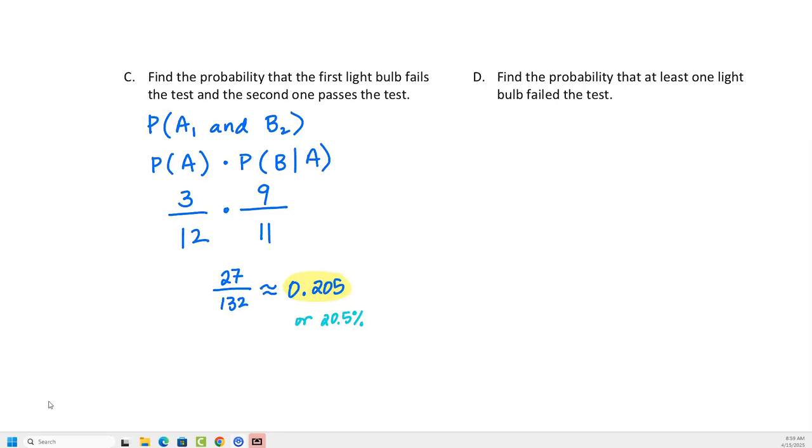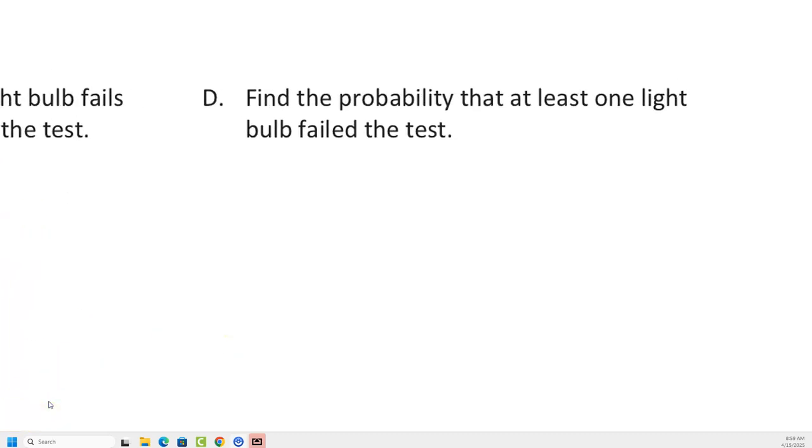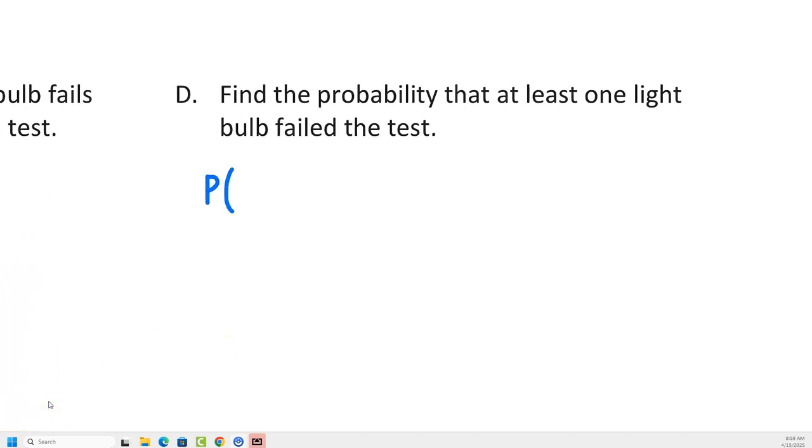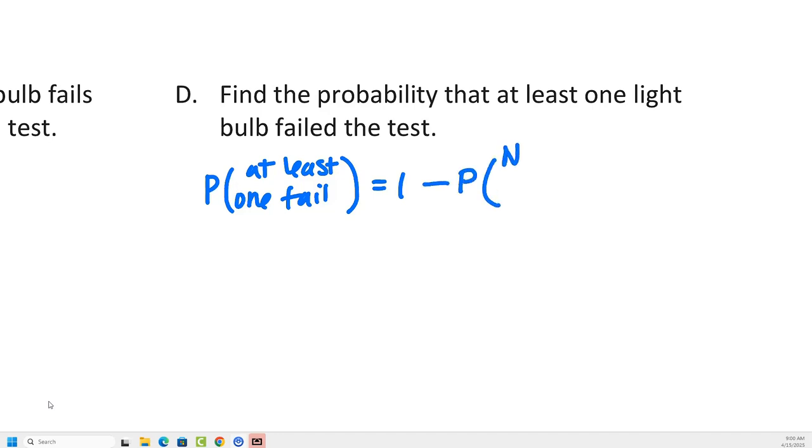Then the last one says, find the probability that at least one light bulb failed the test. See, at least one. So I'm going to find the probability of at least one fail. Isn't that 1 minus the probability of not at least one fail?